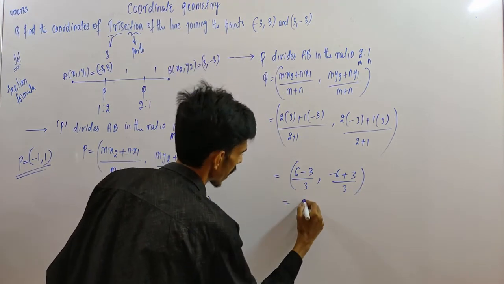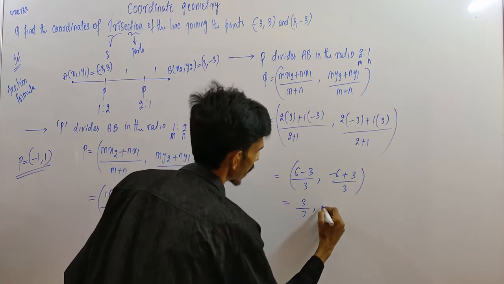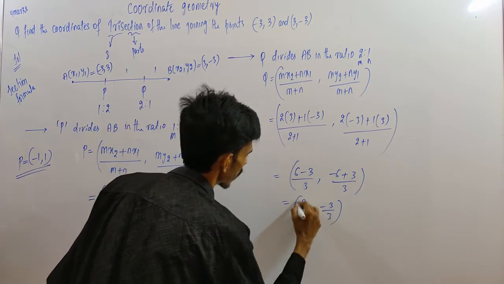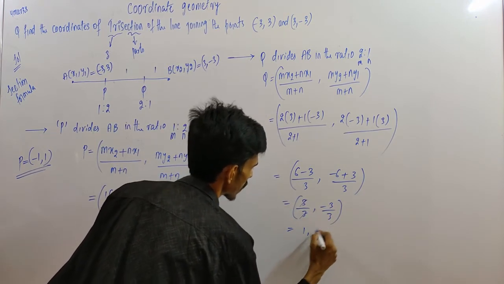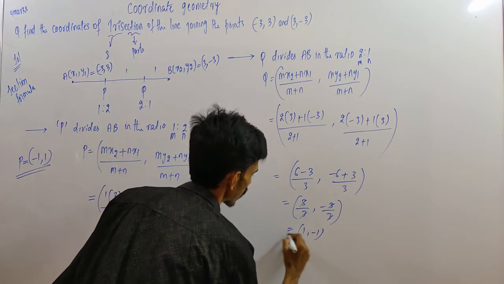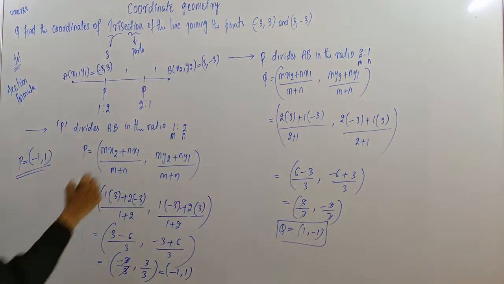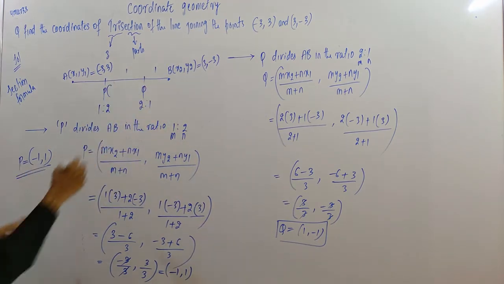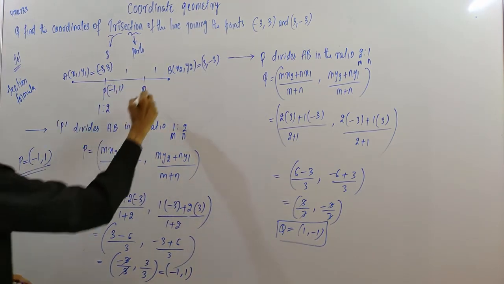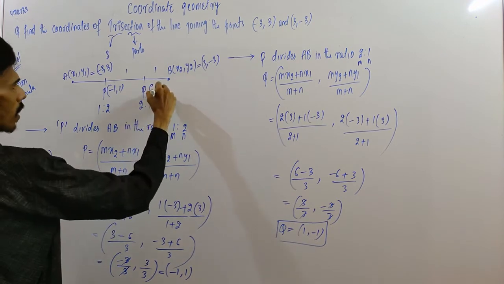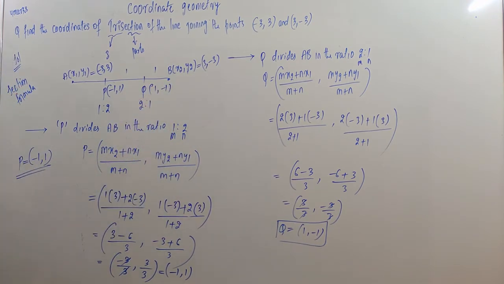So 6 minus 3 we have 3 divided by 3, and we have -3 divided by 3. Now this will get cancelled. So we got both values: the value of P is -1, 1 and Q value is 1, -1.